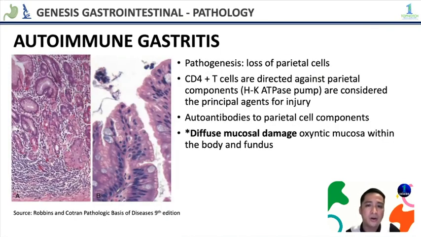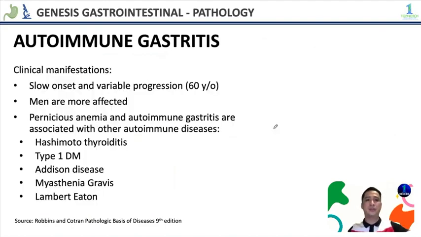So you see here, in your autoimmune gastritis, the pathogenesis is simply loss of parietal cells, and the CD4 T cells are directed to the hydrogen potassium ATPase pump. There is diffuse mucosal damage affecting the oxyntic mucosal cells of the body and the fundus. Clinical manifestations lifted from Robbins: slow onset.